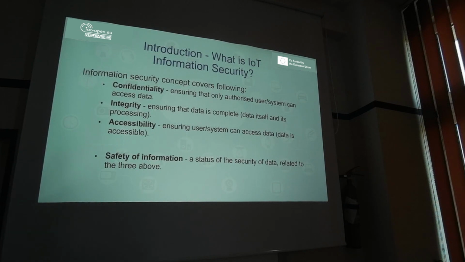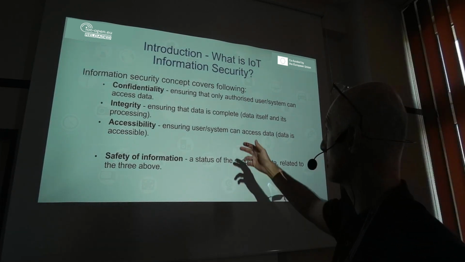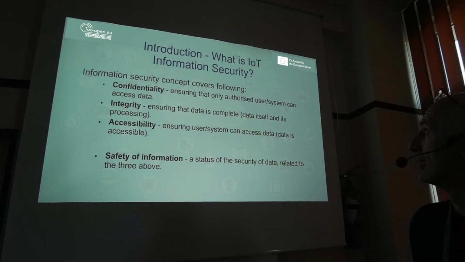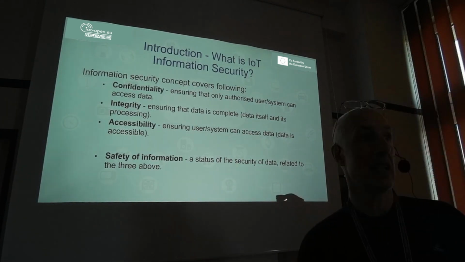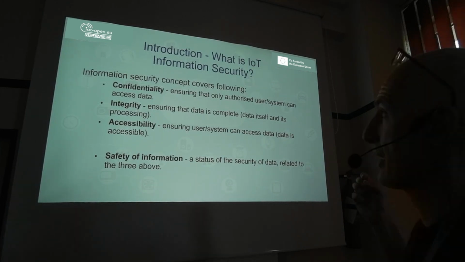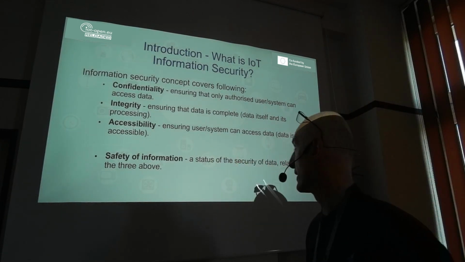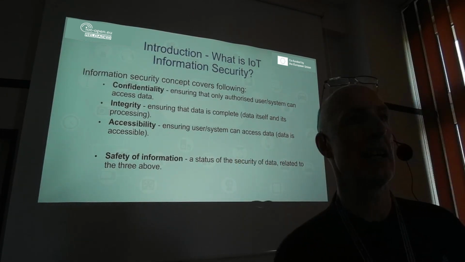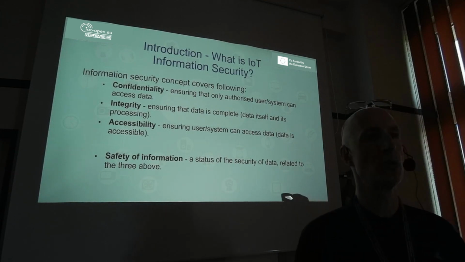Second, it's integrity. So it ensures that this data is complete, which means that the data itself and the processing of the data has not been compromised. So in other words, you can rely on this data. And third is accessibility, which means that you can access this data when you need it or when you're expected to do that.